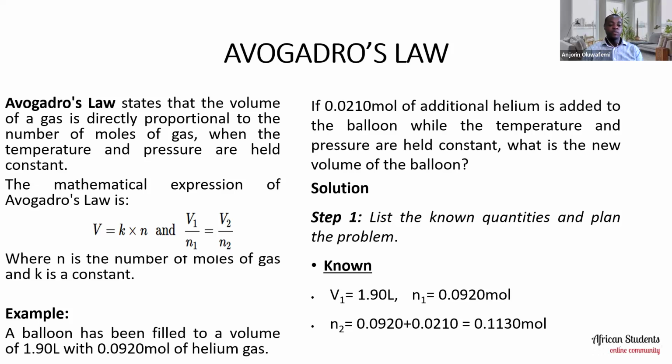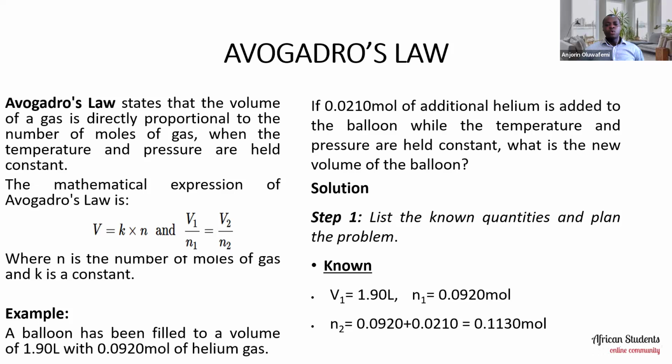Let's look at this example. A balloon has been filled to a volume of 1.90 liter with 0.0920 moles of helium. If 0.0210 mole of additional helium is added to the balloon while the temperature and pressure are held constant, what is the new volume of the balloon?